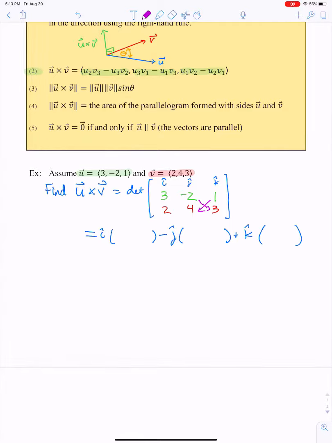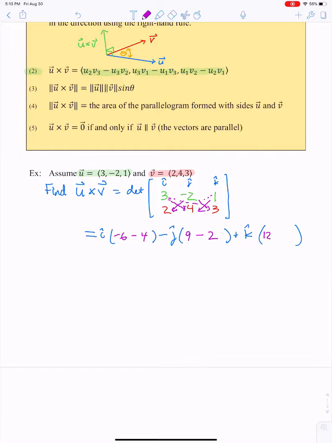So that will be 2 times minus 3 is minus 6, minus 1 times 4 is a minus 4. When I compute the j components, I'm going to use the 3 times 3, which is 9, minus 1 times 2, which is 2. And then finally, when I compute the k components, it's going to be 3 times 4 minus 2 times negative 2.